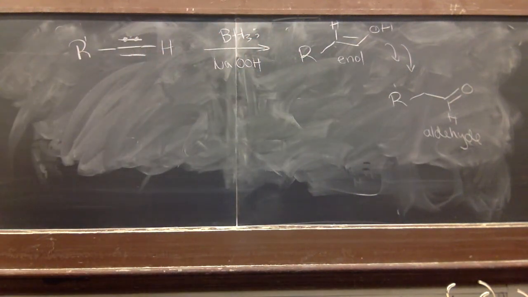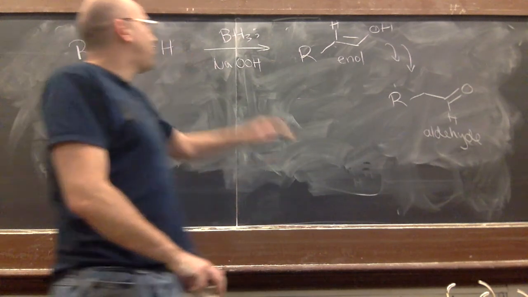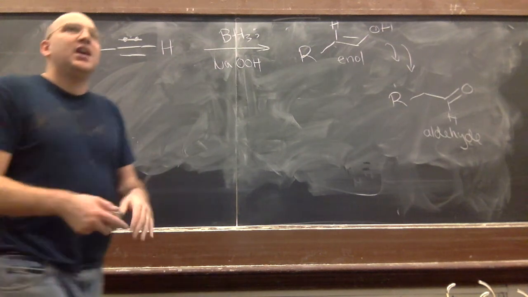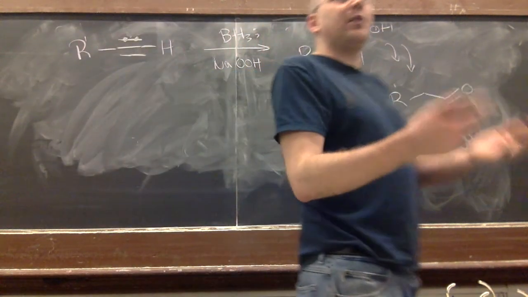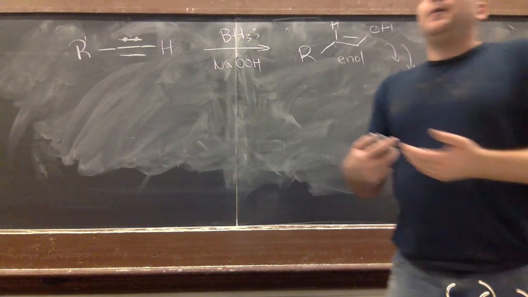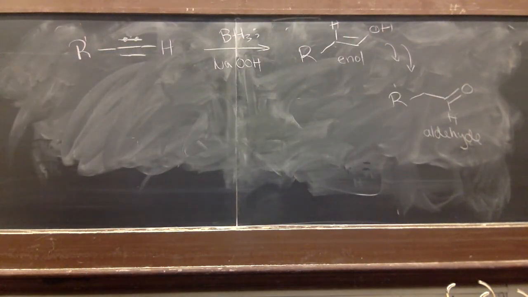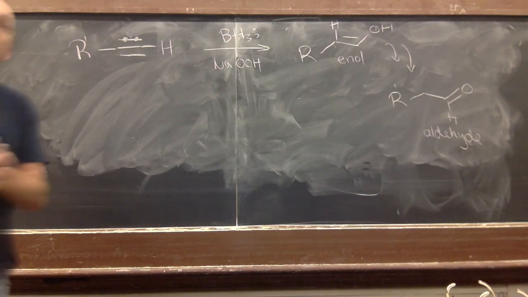Now here's the one little thing. Borane is the reagent that we learned previously, and I'm not a stickler for this, but I'll bring it up because people often ask. There are some challenges that are often present with alkyne chemistry, and specifically with some of the regiochemistry associated with alkynes.